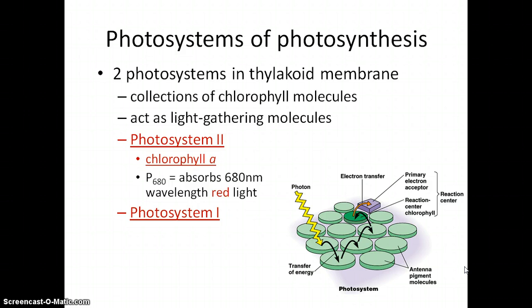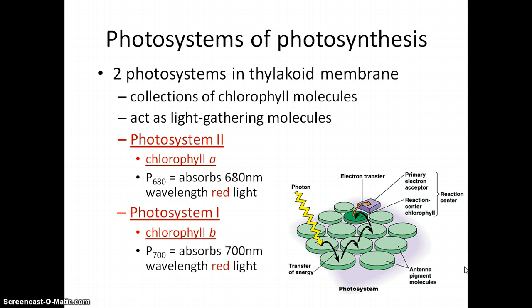Photosystem 1 also, well actually this is an outdated slide here, because it says they used to believe that photosystem 1 had chlorophyll B in it, but more recently the belief is that photosystem 1 has chlorophyll A as well. The chlorophyll A in these molecules absorbs a slightly different wavelength.